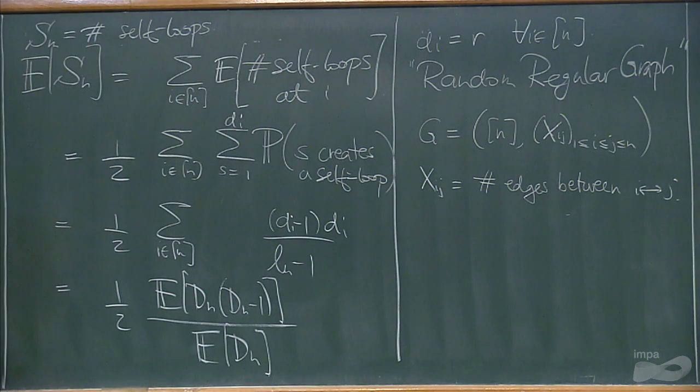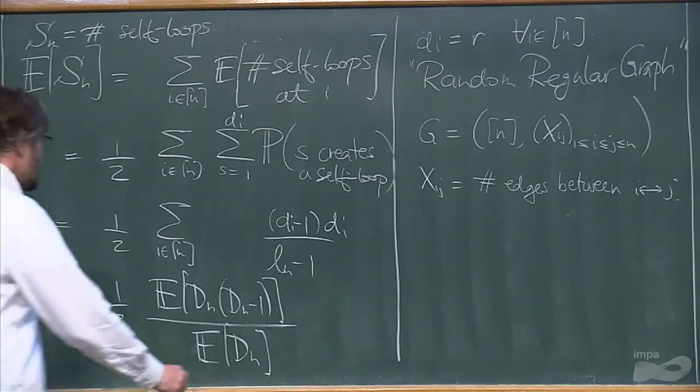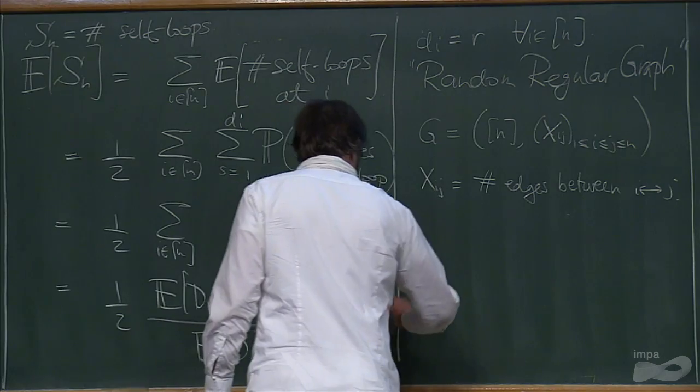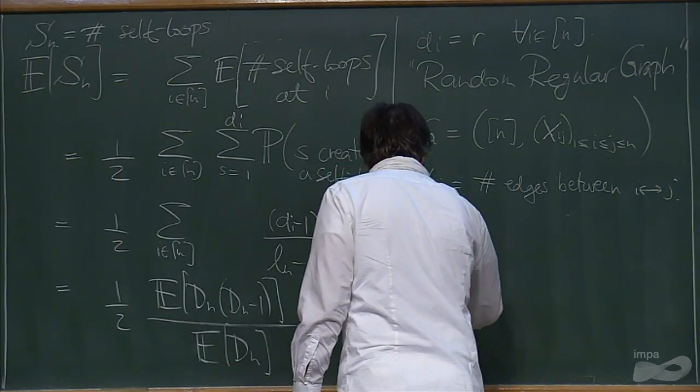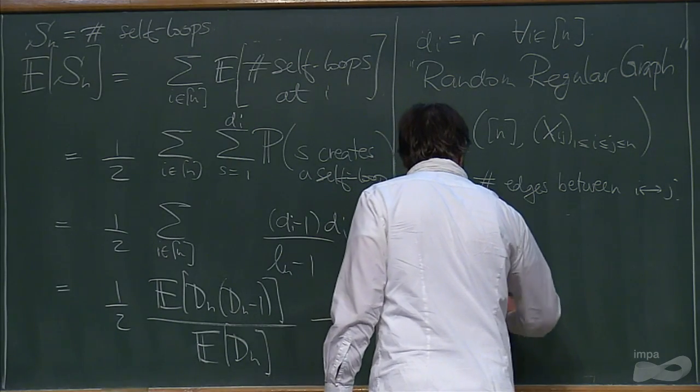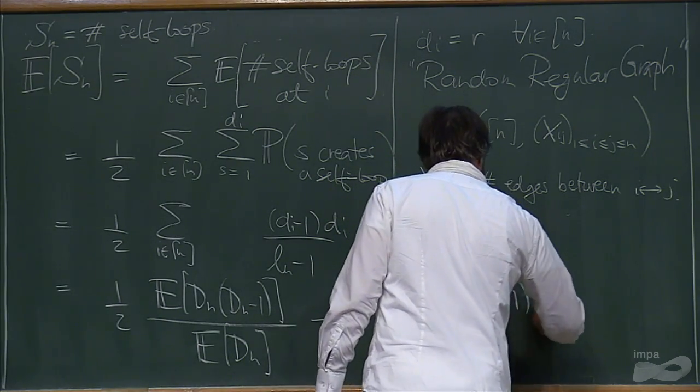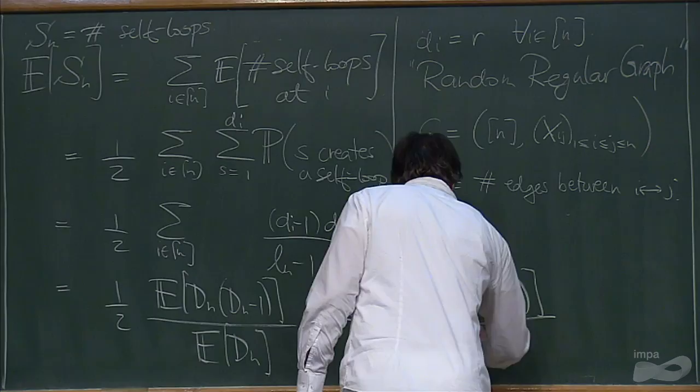And it's here that we see that this second moment enters. So under this assumption C, the condition that says that the second moment also converges, this will actually converge to 1/2 times the expected value of D times D minus 1 divided by the expected value of D.